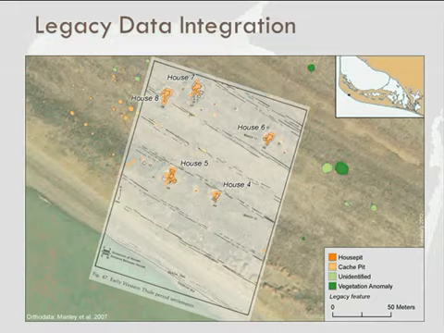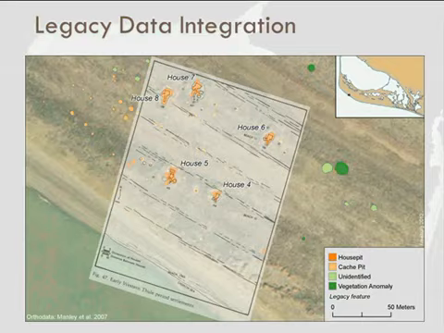For instance, you can see we have a bunch more features showing than were on the published map. Again, that's not a critique, just saying that our methods differed, and our research questions were different too. But it helps put perspective on why interpretations from the 60s might be a little bit different from ours.